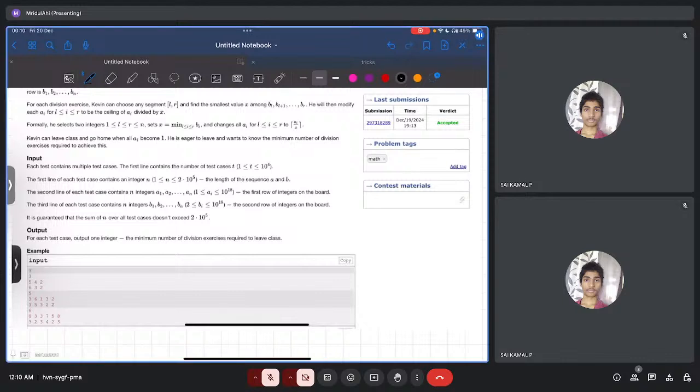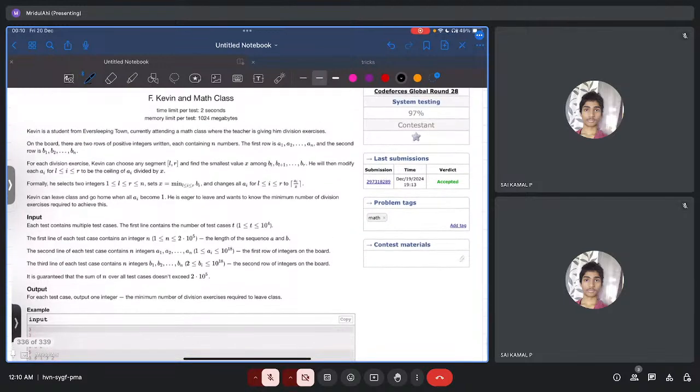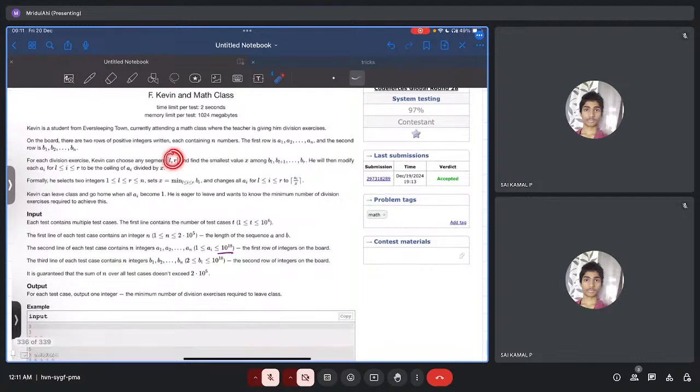So this is problem F. In this problem, we have two arrays A and B. Each has elements up to 1e18, and we can do this operation any number of times. Pick a subarray L to R, find the smallest element X among B in the subarray B_L to B_R.